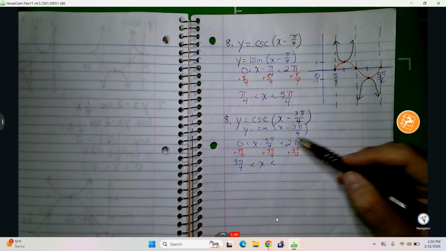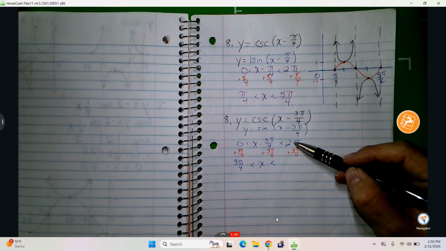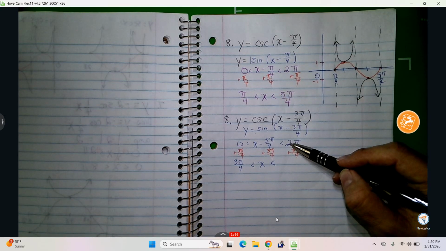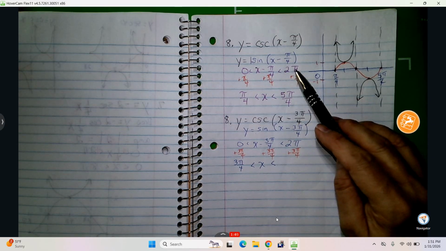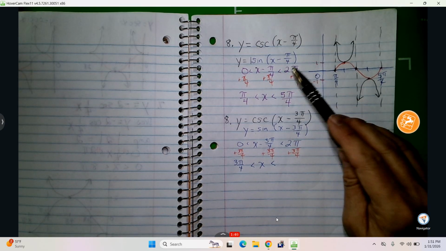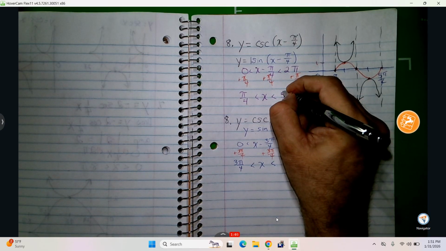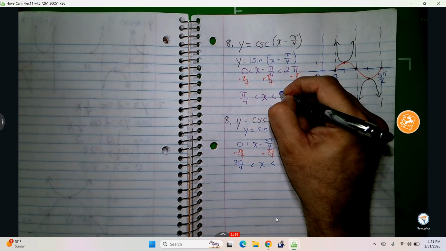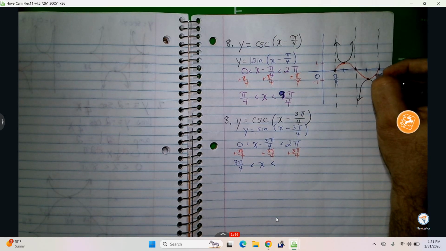Now 2 pi plus 3 pi over 4, 8 pi. Oh my goodness. Y'all see what I did wrong. I can't even add up here. 2 pi would be 8 pi over 4 plus 1 pi over 4. This would be 9 pi over 4.